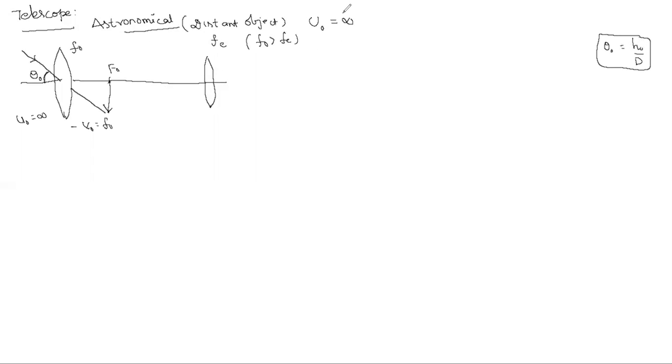But today we are taking the object at infinite distance, so we should not use this formula for telescopes. This is only for microscopes. Keep that in mind.